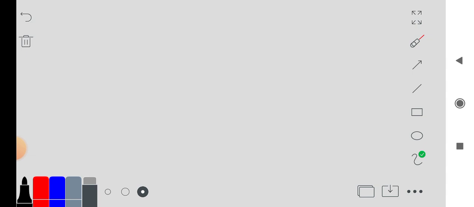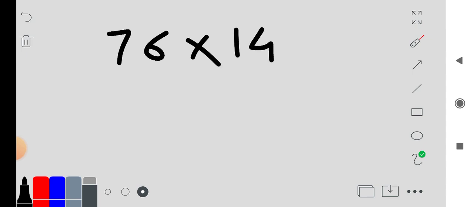So one way to multiply the number by other number is nothing but divide and conquer strategy, friends. Example, 76 into 14. So multiplying number with any other number ending with 0 is very easy.